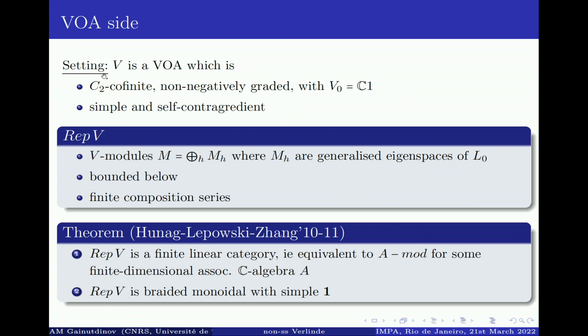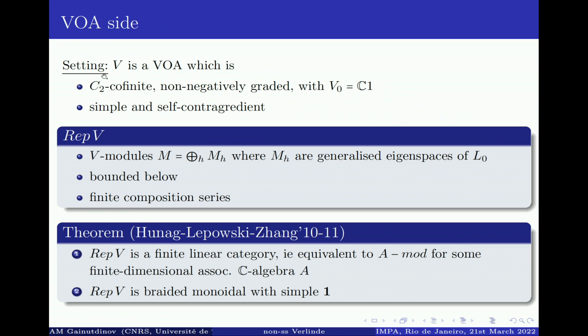where the zero component is just one-dimensional, and it is simple as a VOA module and self-contragredient. For the representation category of this VOA, I will look at the V-modules which can be decomposed into direct sums of generalized eigenspaces of L0. This is where the logarithmic situation comes in: L0 is allowed to have non-trivial Jordan blocks.